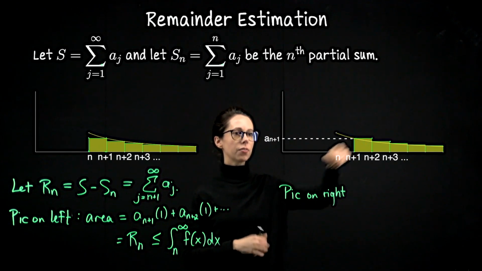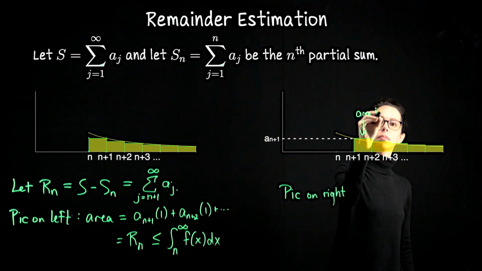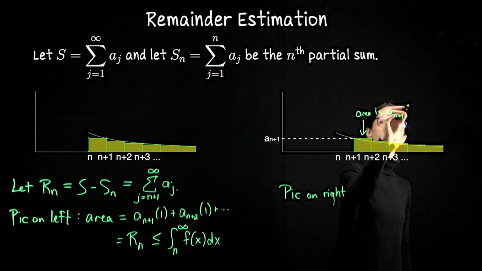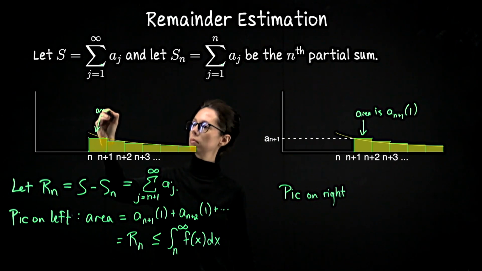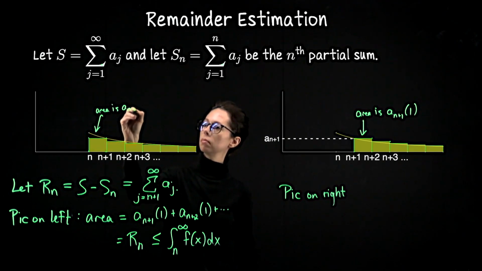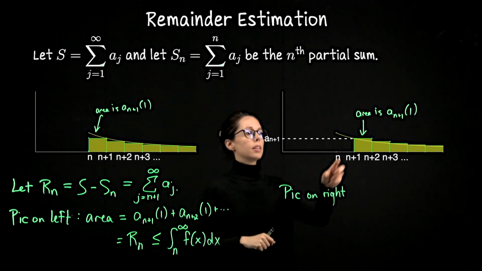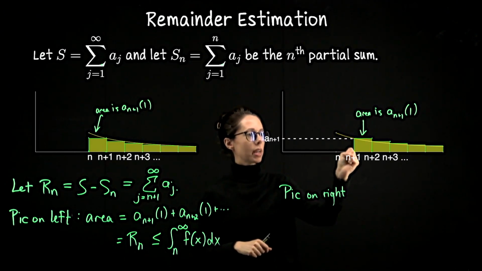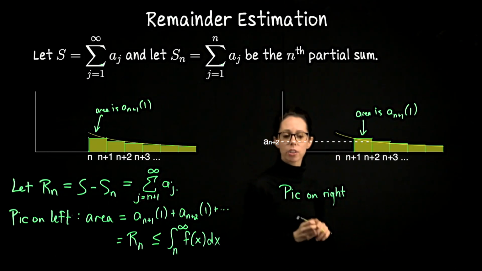So the area of this first rectangle is a_{n+1} times 1. So here we have a_{n+1} times 1. Here we have a_{n+2} times 1. We're getting the same sum actually that we had over here.